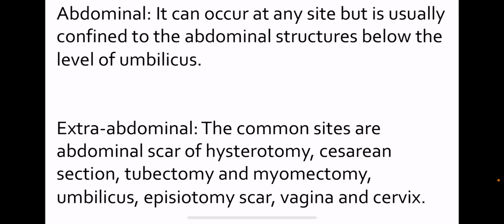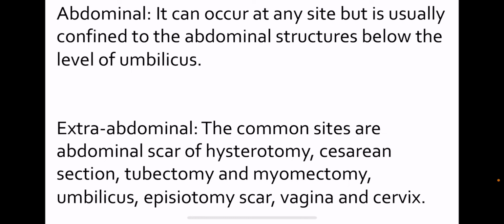Extra-abdominal. The common sites are abdominal scars. So extra-abdominal comprises all the types of scars. They are the scar of hysterectomy, the surgical procedure done for the removal of the uterus. Caesarean section, the scar which is left after caesarean section. Endometriosis can take place at this site. Tubectomy, the surgical procedure where a part of the fallopian tube is cut and tied up.